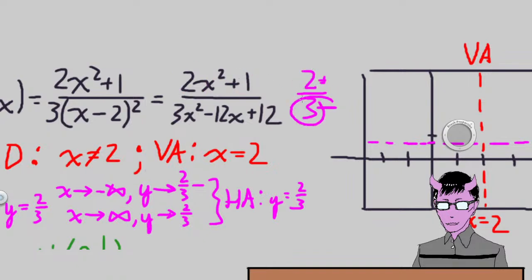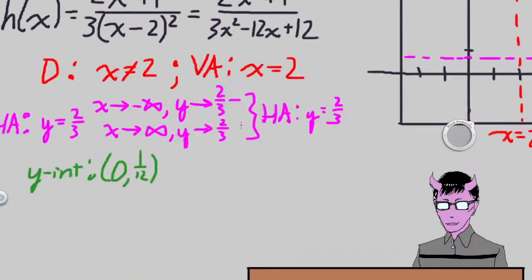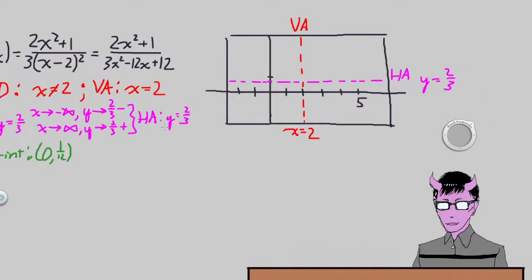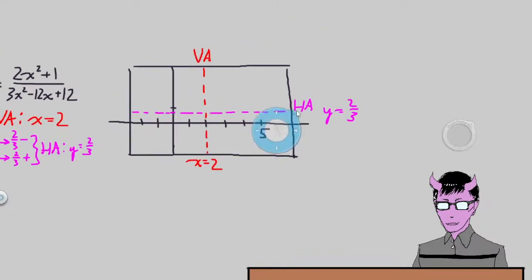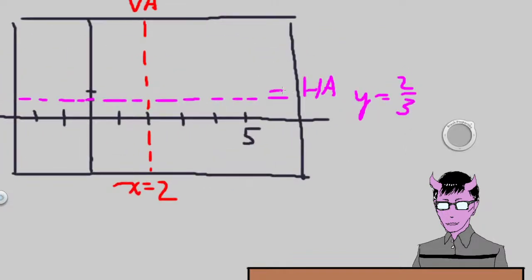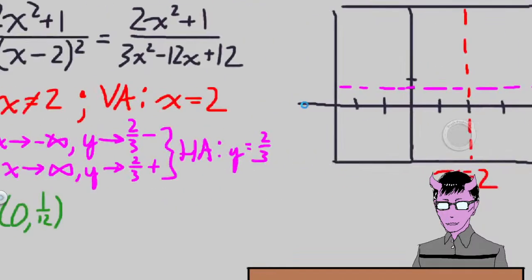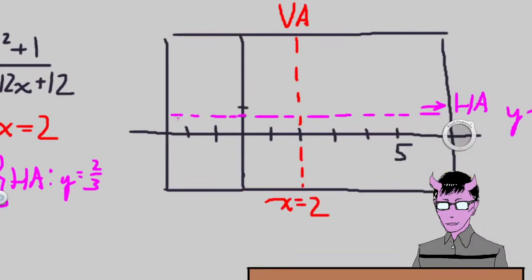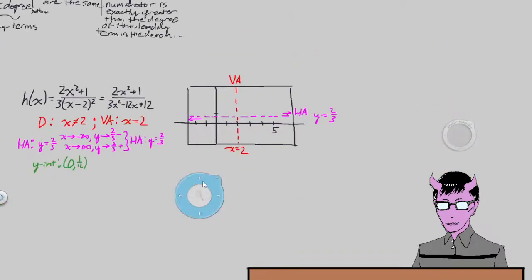So since the denominator is slightly below 3, then the answer is slightly bigger than 2/3. Yes. 2/3 plus. Okay. Which allows us to determine whether or not the arrow is above or below 2/3. So when x approaches positive infinity, we are slightly above. When x approaches negative infinity, we are slightly below 2/3. There-ish. Okay.